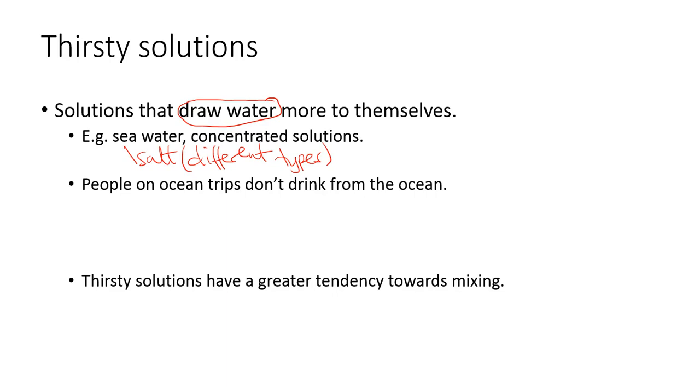That's the reason people do not drink ocean water. So you can be on a trip on the ocean, you are thirsty, you want to drink some water, but you cannot drink the water because ocean water is thirsty water.